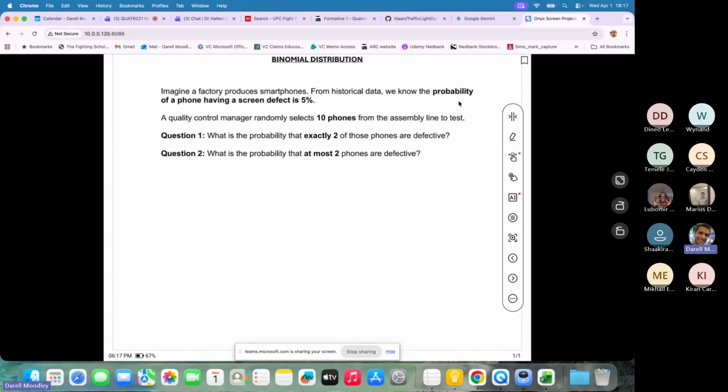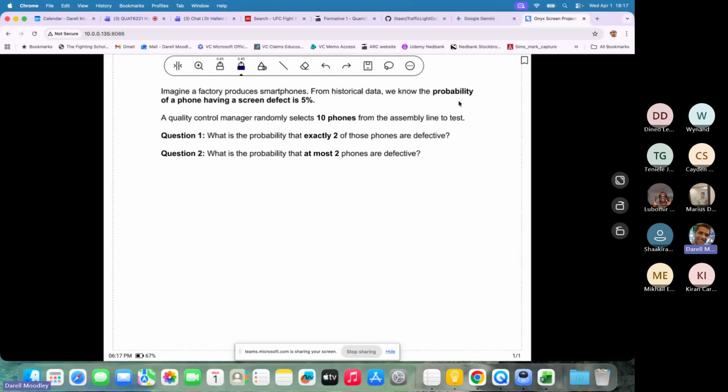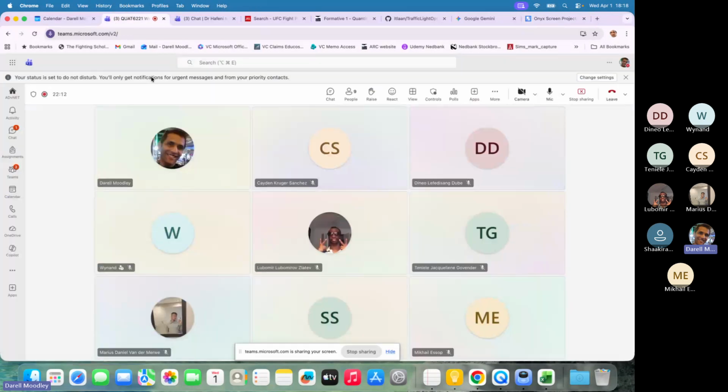So the equation for binomial distribution is P of X equals x is equal to nCx p to the x, 1 minus p to the n minus x. I'm just going to come back to the chat for a second.